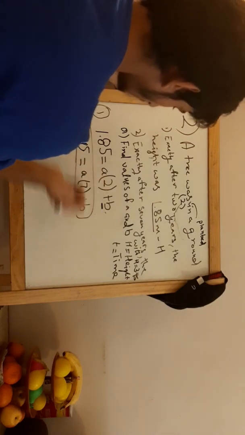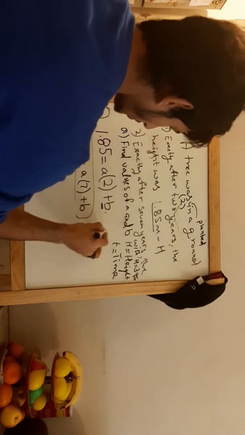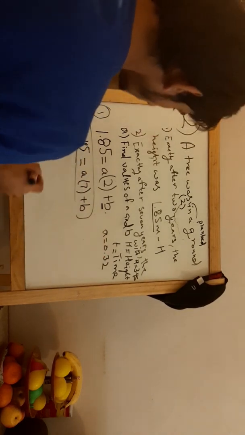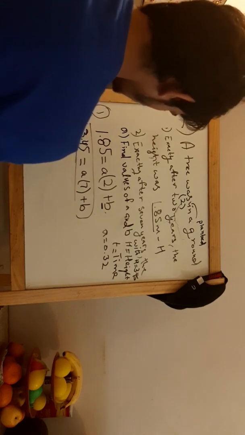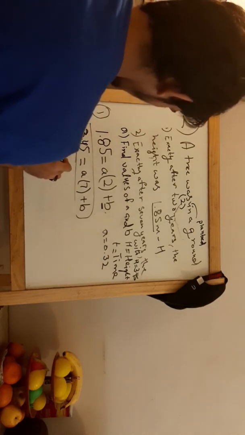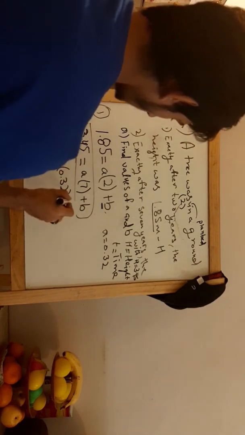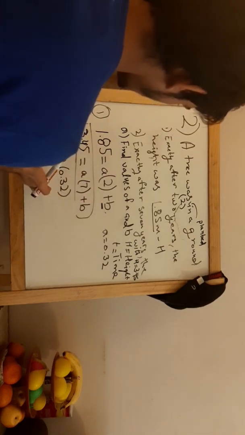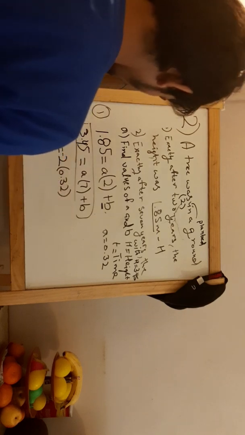Now let's take any one of these equations and put A equals 0.32 into it.